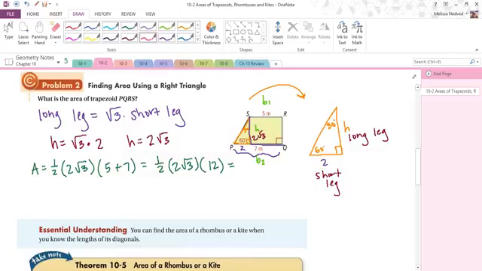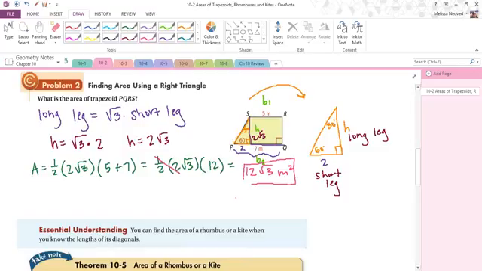But really what I see here is that I've got a 1/2 times 2. 1/2 times 2 is just 1. So we can think of that as the 1/2 and 2 canceling out. So I'm left with square root of 3 times 12, which is really 12 square root of 3. And my units are meters squared. That's the exact answer. So I multiplied through my integer and my half, and left that square root in there.